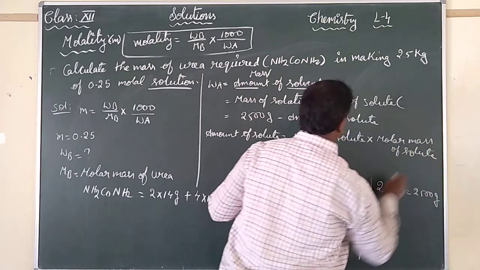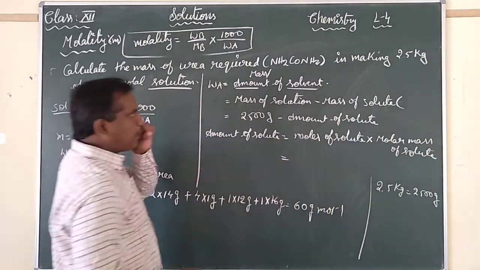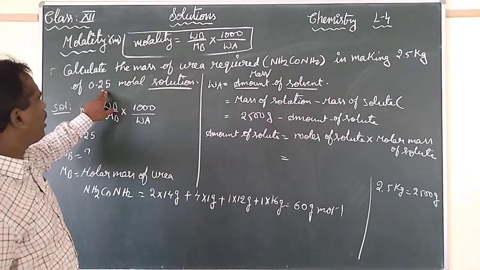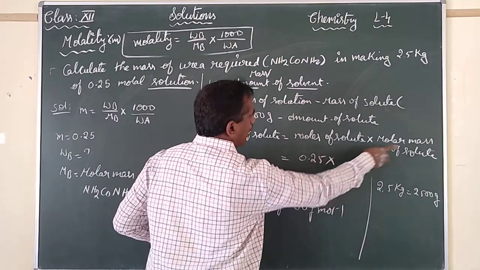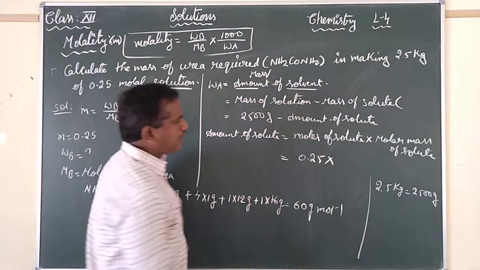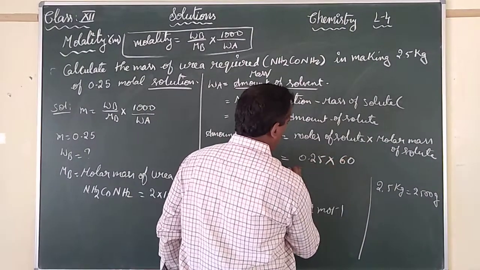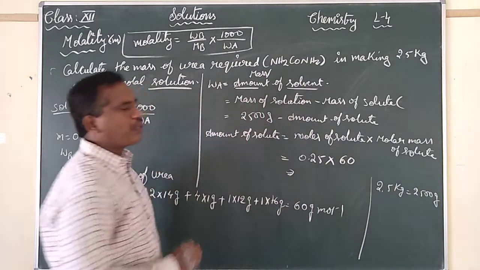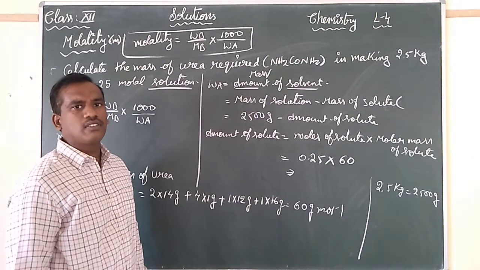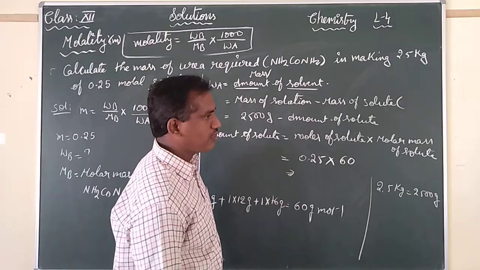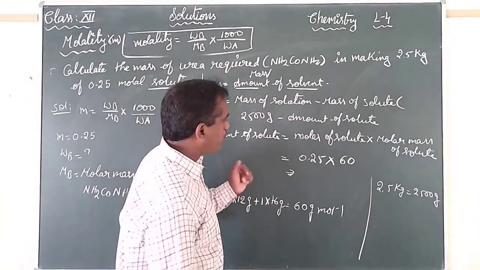So let us see here moles of solute. How do we get the number of moles? 0.25 is the number of moles of solute dissolved. Molar mass of solute, 60 we got. So 0.25 into 60. How much did we get here, children?